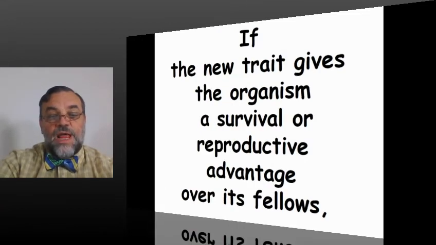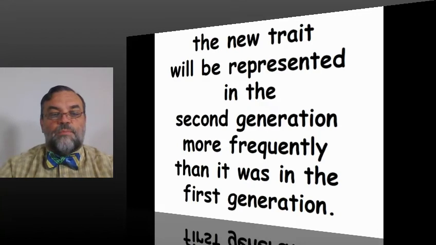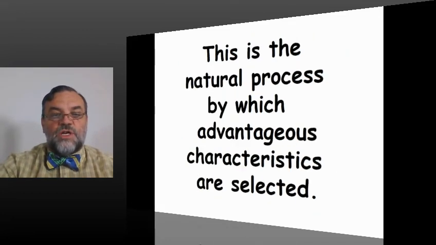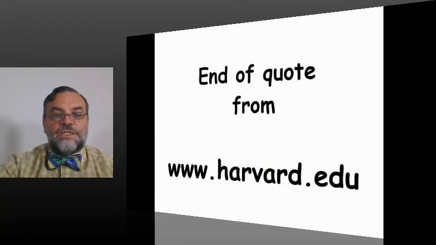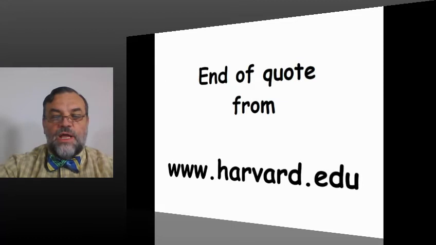If the new trait gives the organism a survival or reproductive advantage over its fellows, the new trait will be represented in the second generation more frequently than it was in the first generation. This is the natural process by which advantageous characteristics are selected. And that, I just want to clarify, is the end of quote. Everything I've shown on the screen since beginning this quote is taken directly from Harvard Edu.